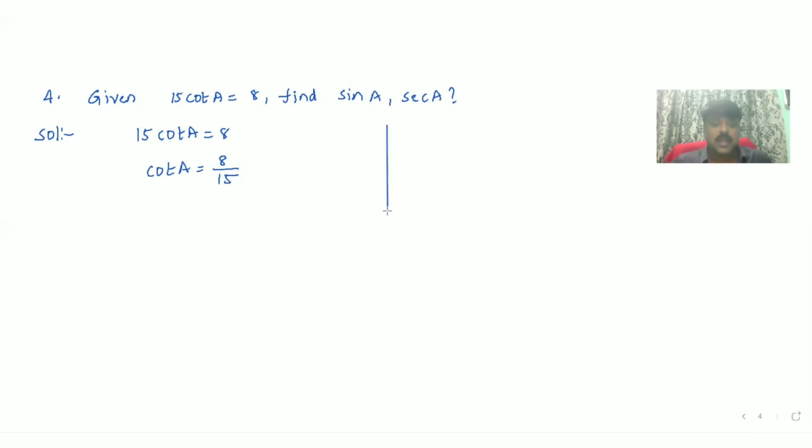Let us take the triangle now. A, B, C, right angle at B. The side opposite to the right angle is the hypotenuse.